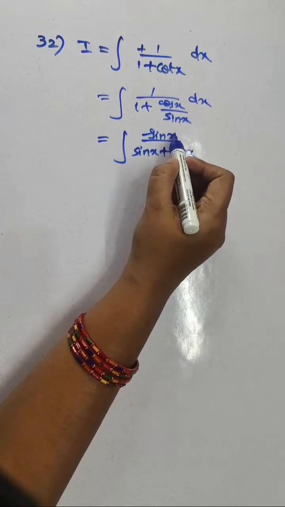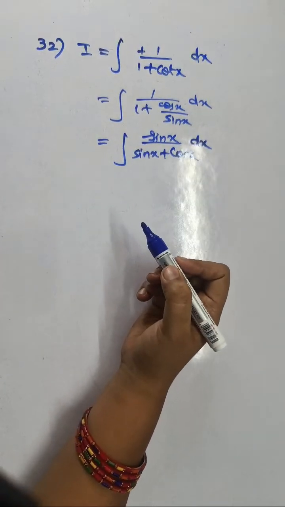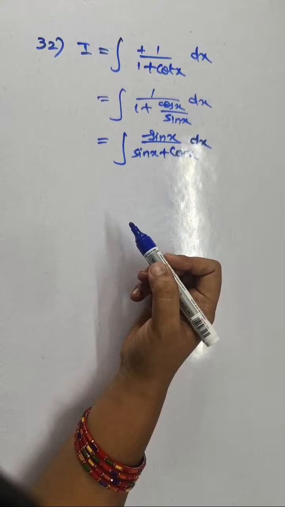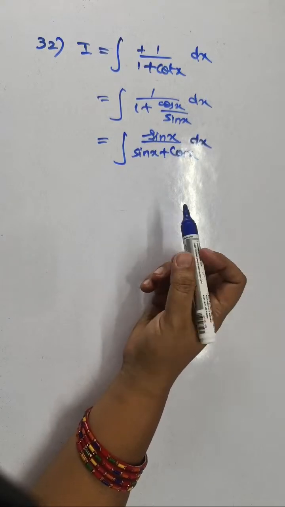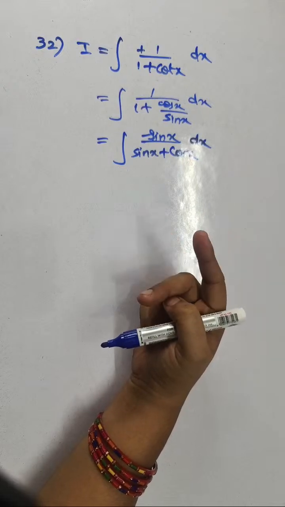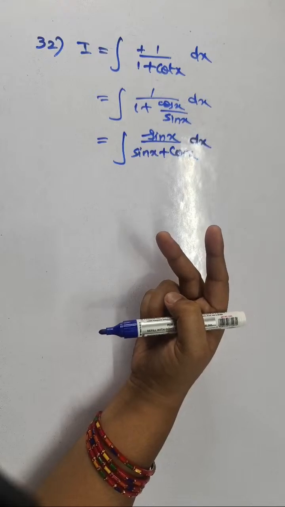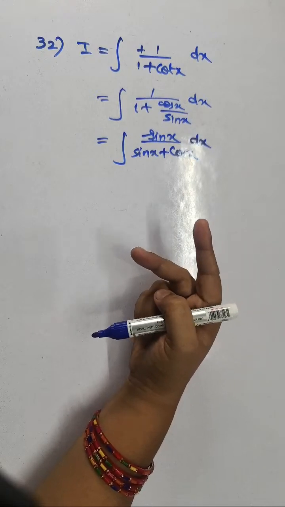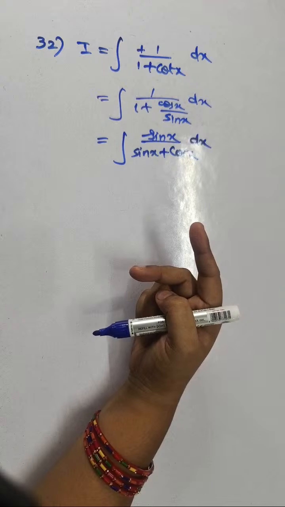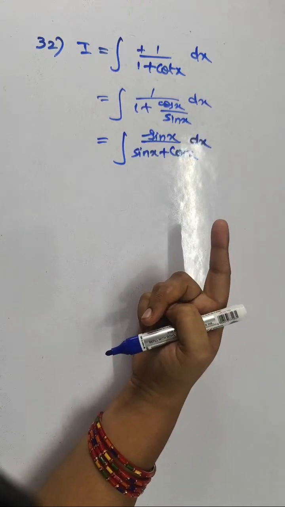So that will become sin x here. But still, we can't take the denominator part straight away as t. Why? Because we have two terms in the denominator, that is sin x and cos x. When you differentiate also, you will get two terms in terms of sin and cos. But in the numerator, you have only one term.